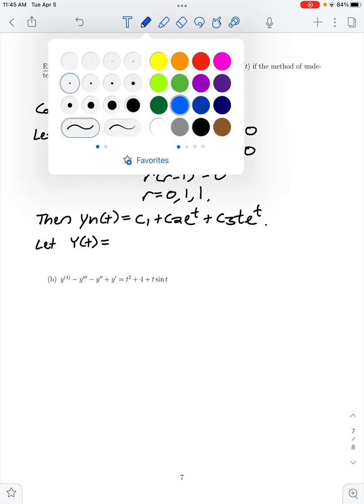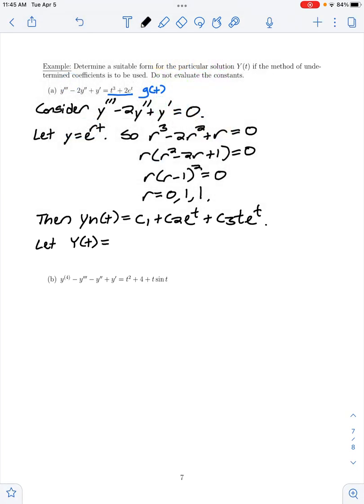So we might start by considering a general cubic, at cubed, plus bt squared, plus ct plus d, and then add a constant times e to the t power.